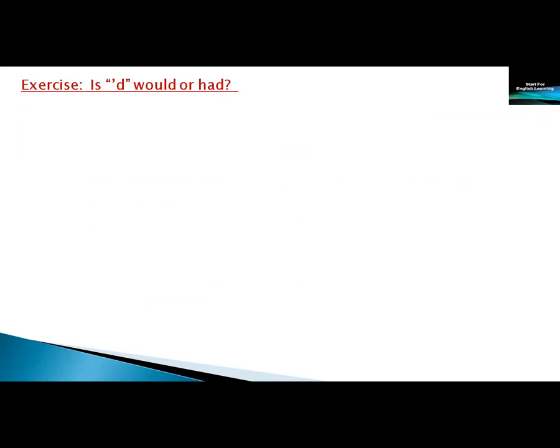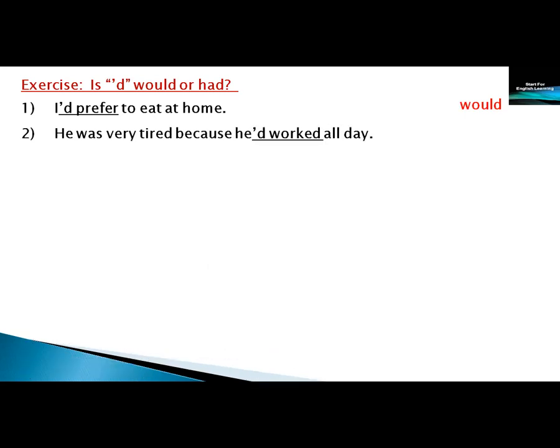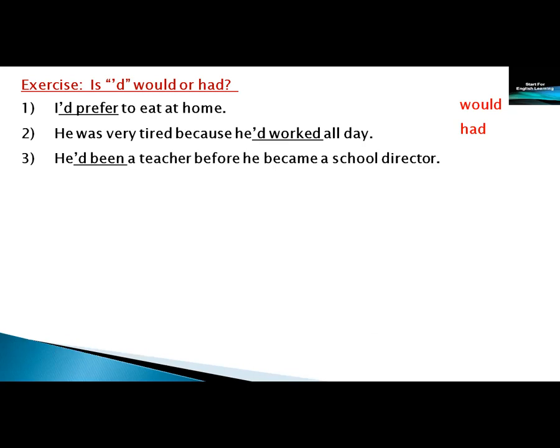Exercise. Is apostrophe D would or had? 1. I'd prefer to eat at home. Would. 2. He was very tired because he'd worked all day. Had. 3.